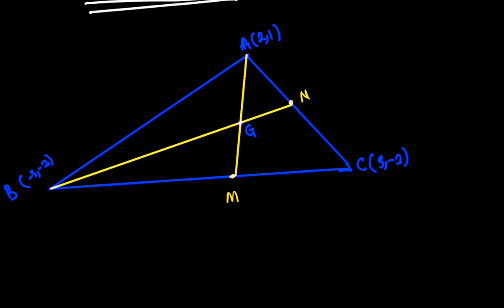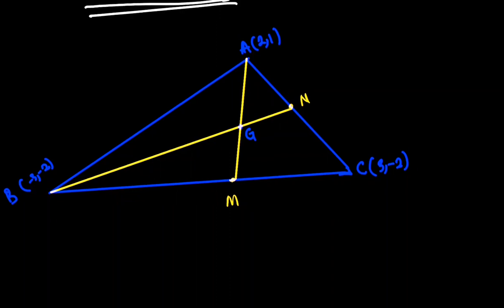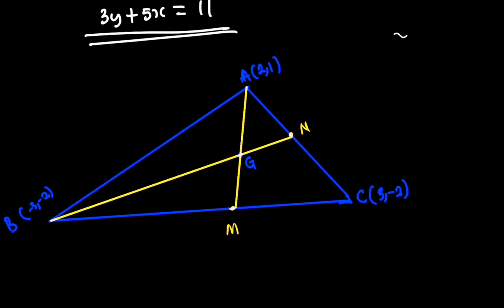In summary, for us to be able to find the point of intersection, we need to find the equation of AM and BN, which is going to be sorted out below. We need to find the coordinate of the midpoints M and N. How do we find the coordinate of a midpoint? It is x1 plus x2 all over 2, comma, y1 plus y2 all over 2.